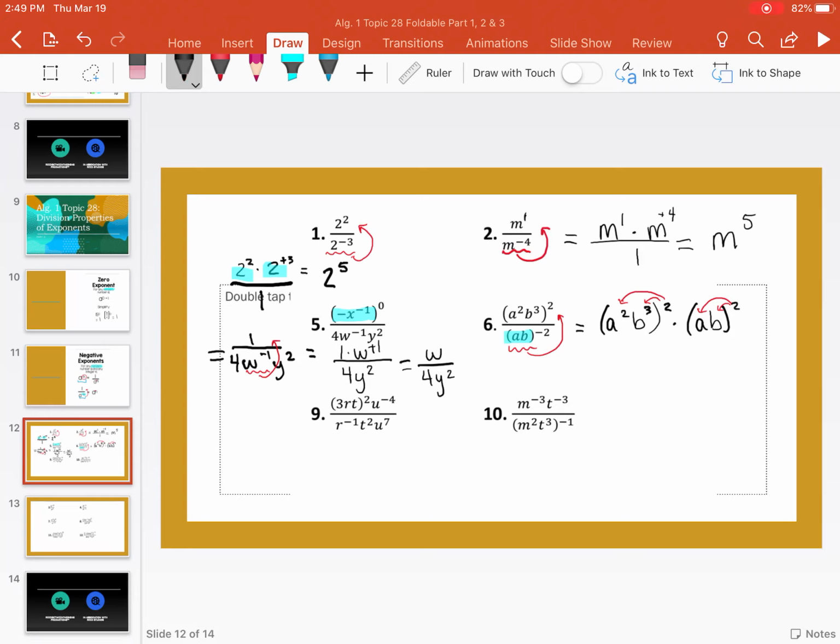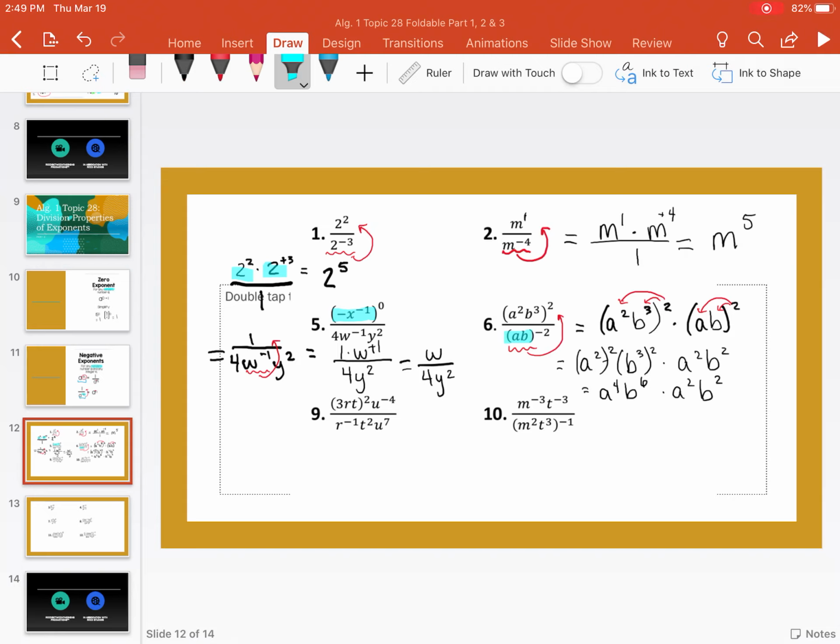So if we want to rewrite this, we get a squared squared b cubed squared times a squared b squared. So again, we got a few more things to do here. A power raised to a power, so we get a to the 4th from 2 times 2, times b to the 6th, which is from 3 times 2, times a squared b squared.